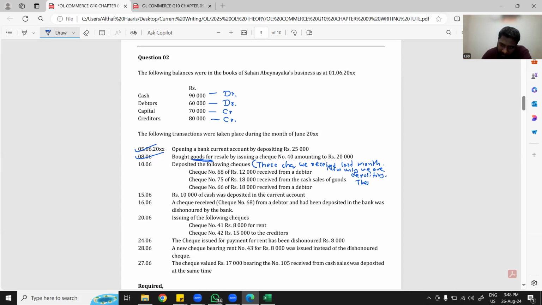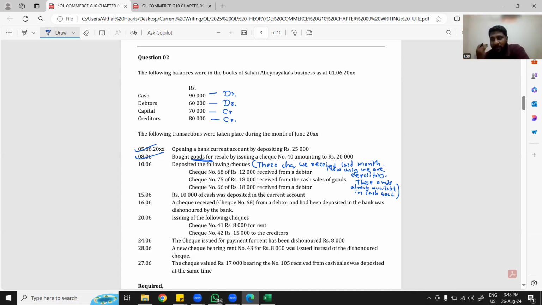These amounts are already available in the cash book. Since they have not given that information, I am assuming all these checks were received last month and kept in my locker.